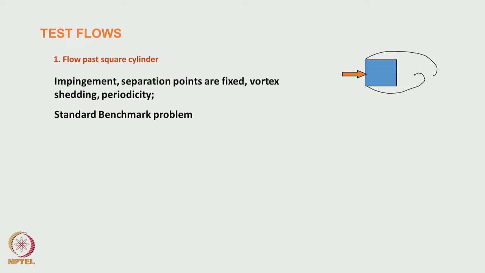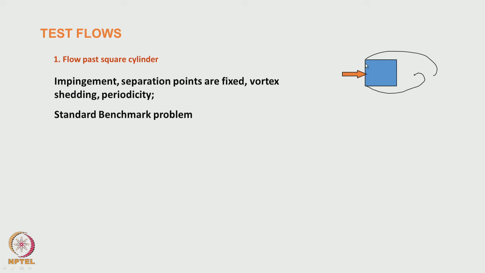I am just trying to explain with the help of two example problems. What is shown here is a flow past square cylinder. The shaded portion you see here is a square cylinder, flow is coming from left and it impinges on this surface.